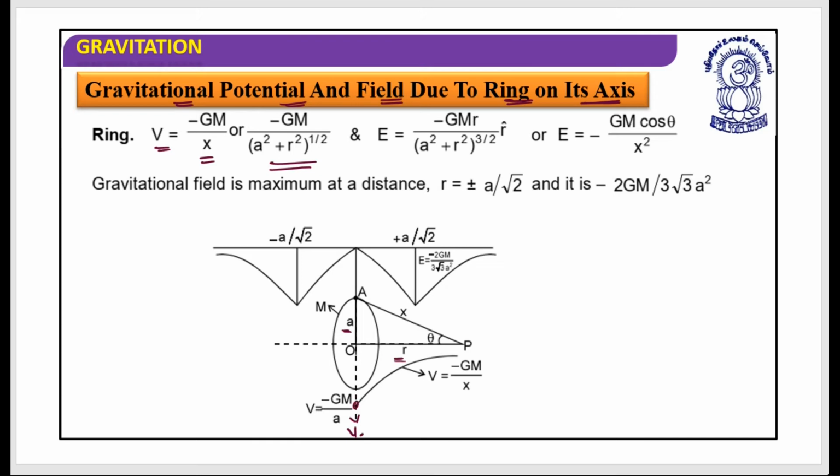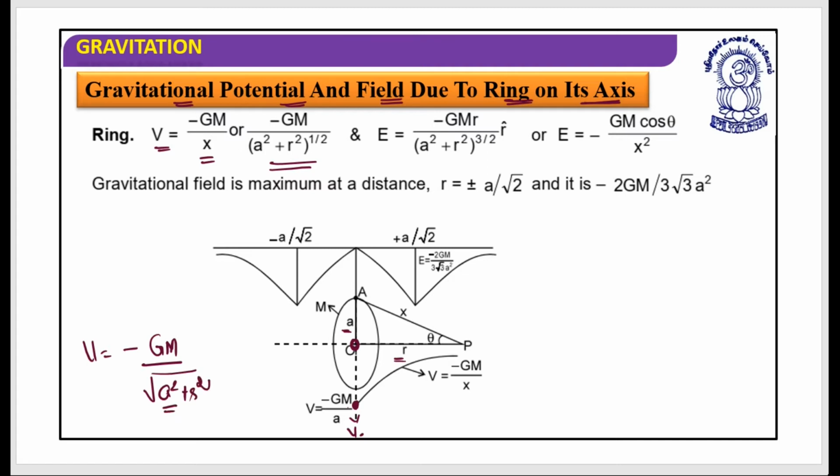At the center, you can observe this carefully, the value is minus G m divided by under root of a square plus r square.